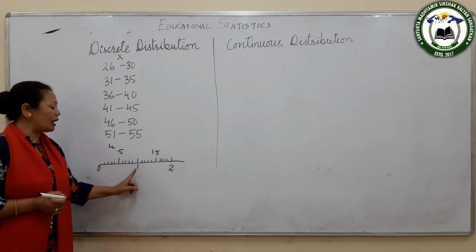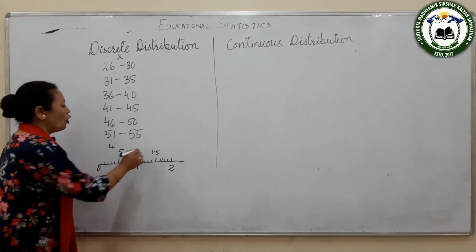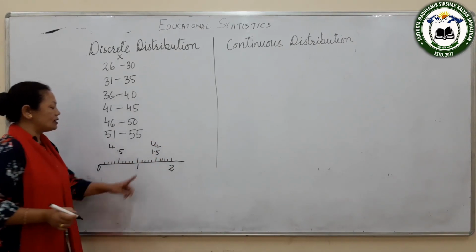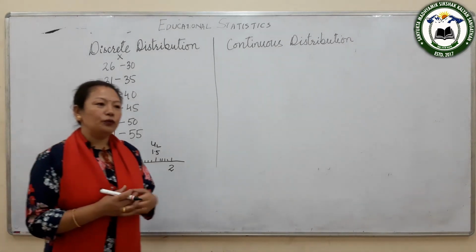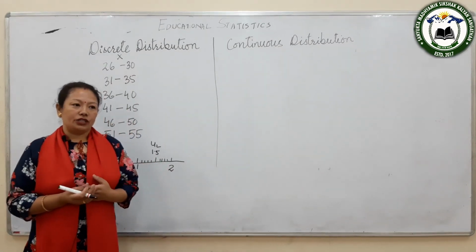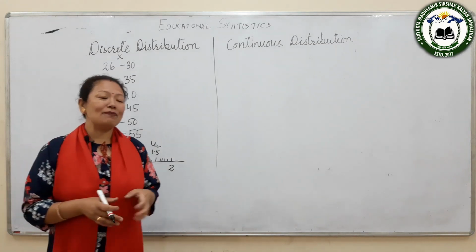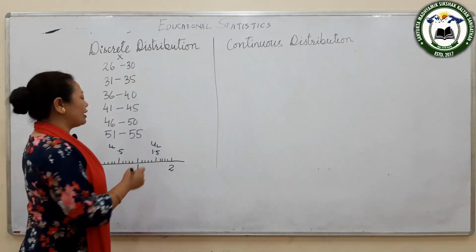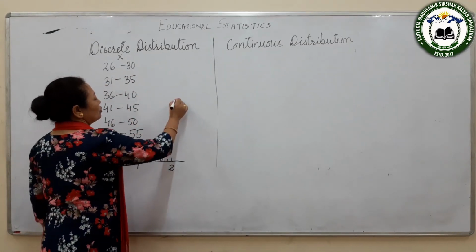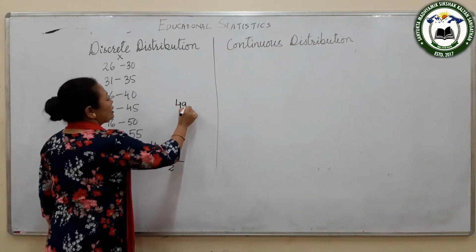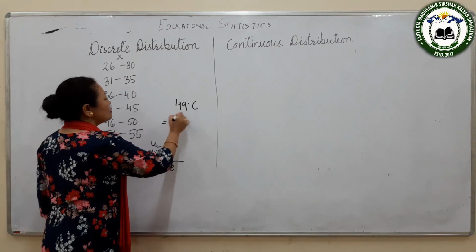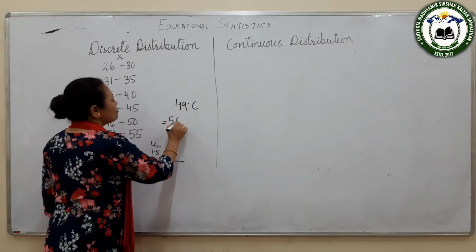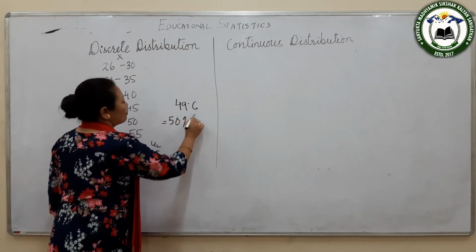In a similar way, the upper limit of 1 is 1.5. So, what we do in mathematical calculation, when you get marks, suppose your marks are 49.6, then what we do is this will be counted as 50% approx.